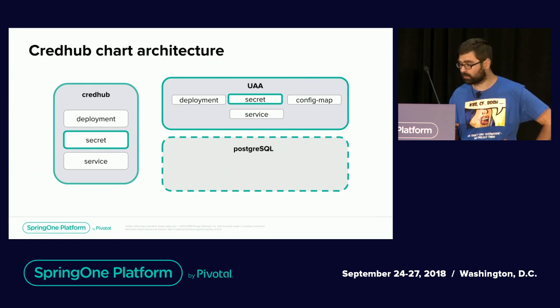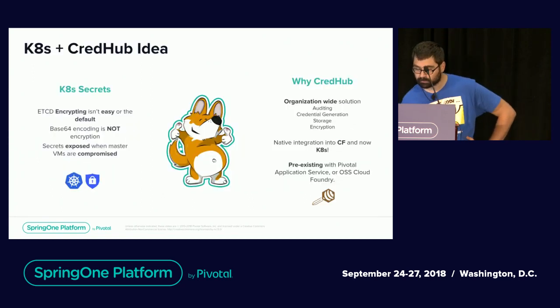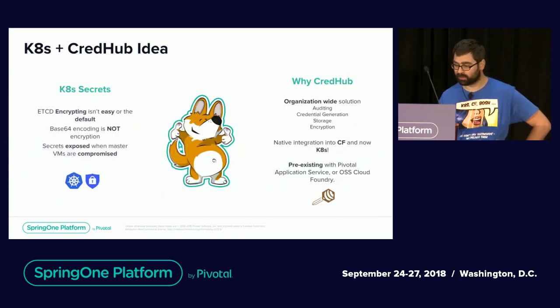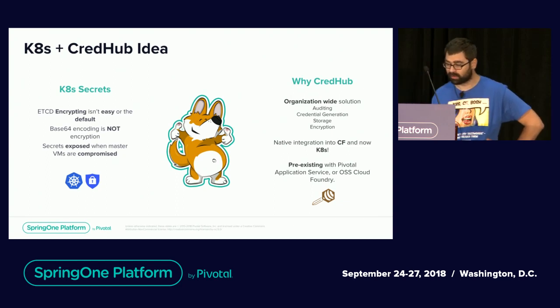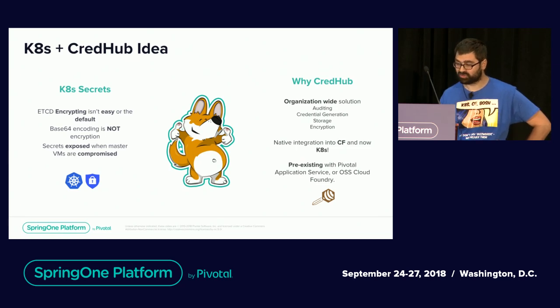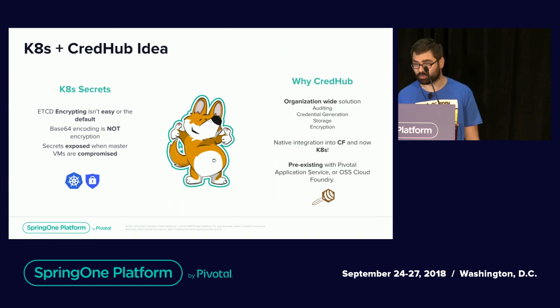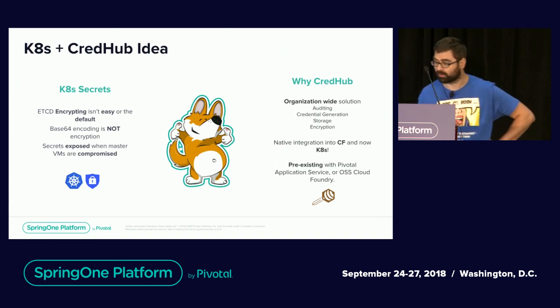Kubernetes secrets are nice, but when we started to use them, we understood base64 is not encryption. Not every single Kubernetes installer has encryption enabled by default. And even if it has, when master VMs are compromised, secrets are exposed. It's not the best thing we wanted to have.